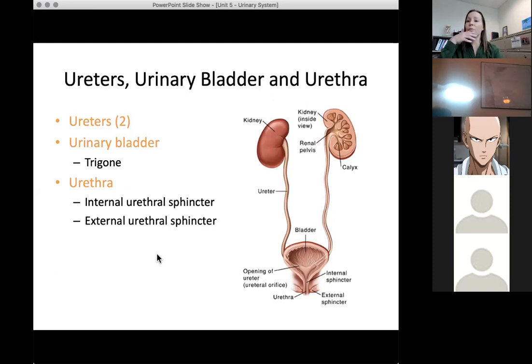Okay, the urinary bladder is a hollow muscular organ that serves as a storage area for urine. And it has the exact same 3 layers of tissue as the ureter.